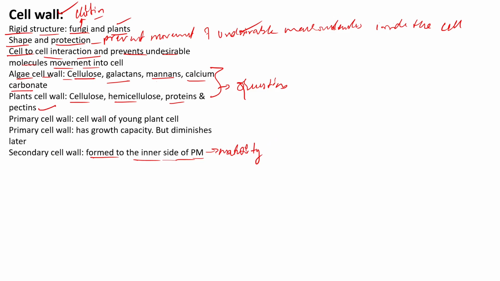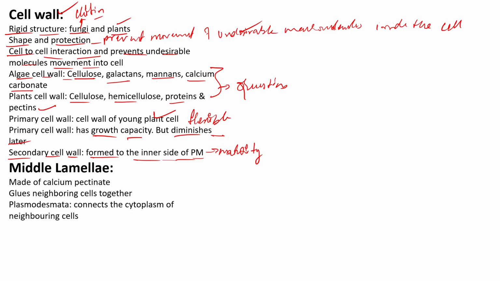However, the primary cell wall is mainly observed in the case of young plant cells, and the primary cell wall is flexible, not a rigid structure. It has a growth capacity, but it disappears or diminishes at a later stage. After its disappearance, you mainly find the secondary cell wall in the plant cells.